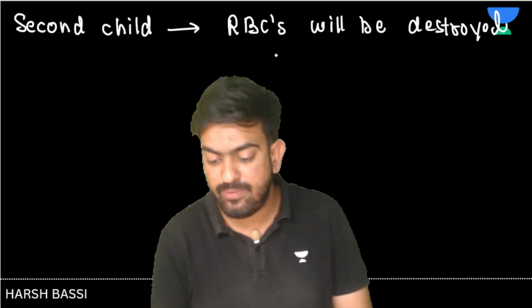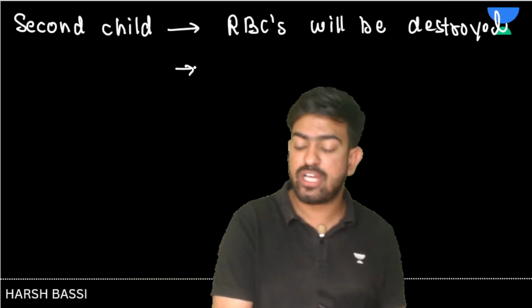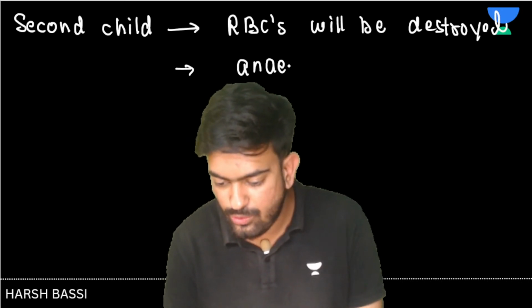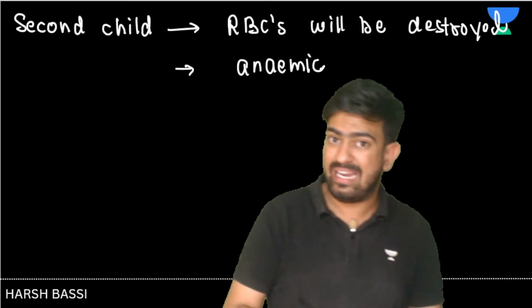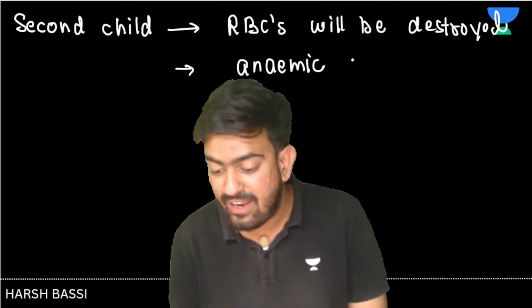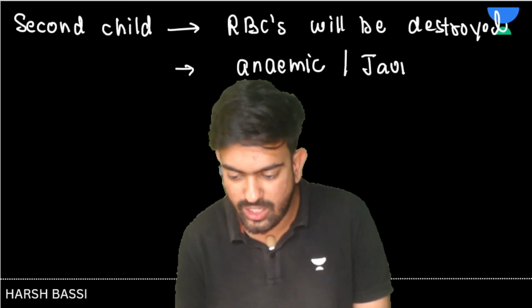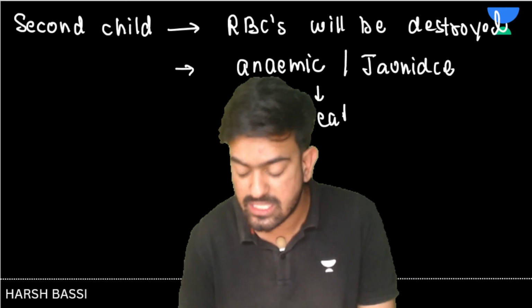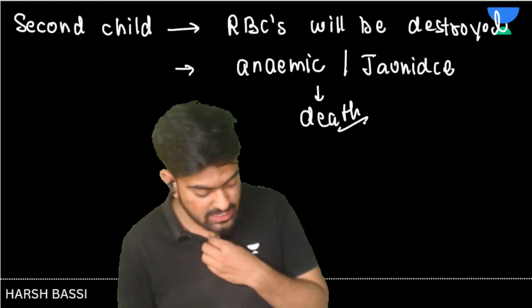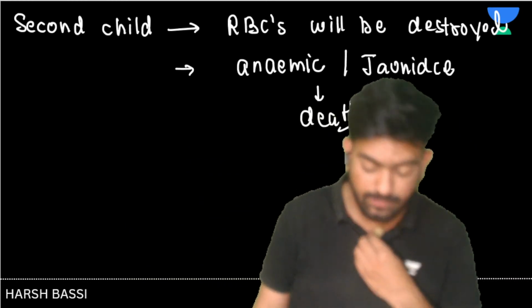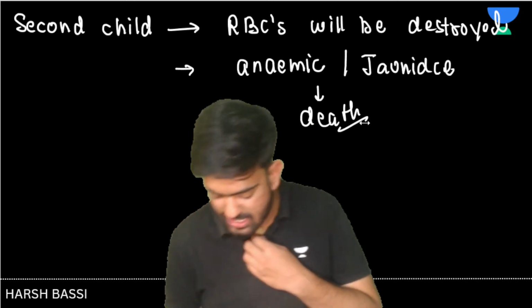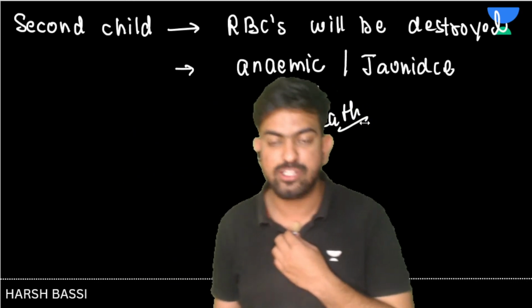And the fetus, the second child, will be what? Anemic. It will have jaundice, and the chances of survival are very less. Clear to everyone? Very less, children, there is a very low chance that such babies survive.